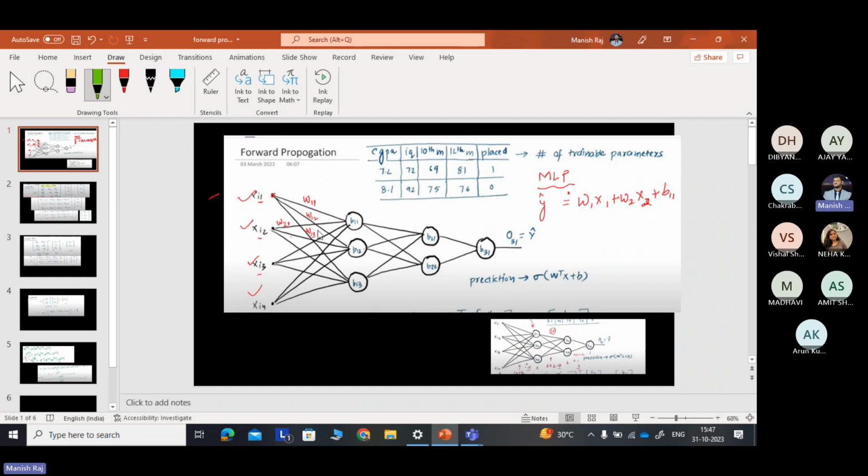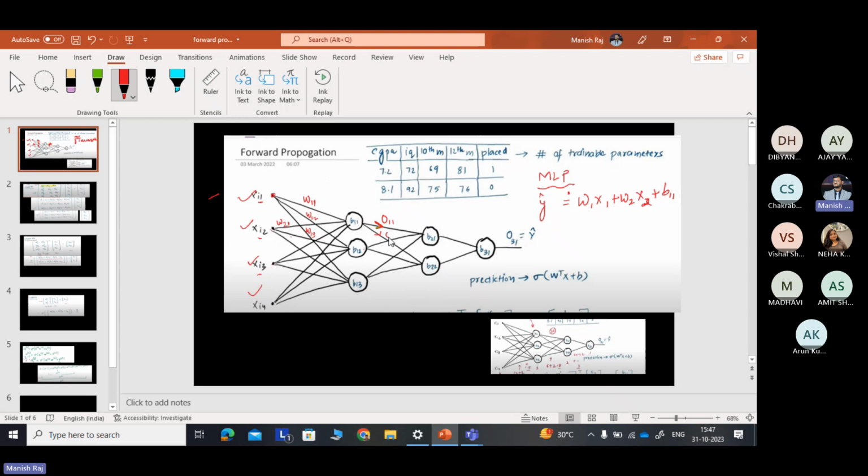Now you just tell me, this is the B1. So I can write the equation Wi x1 into W11 plus B11. This is one equation for this. Maybe there is one output here. That output you can write as O11.